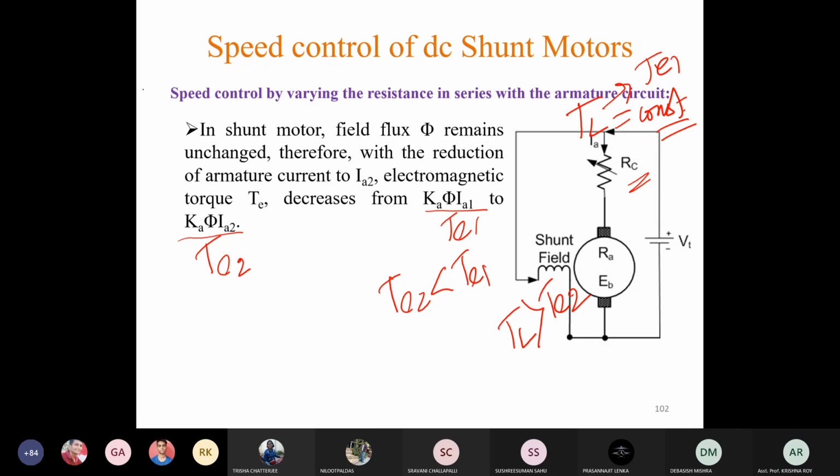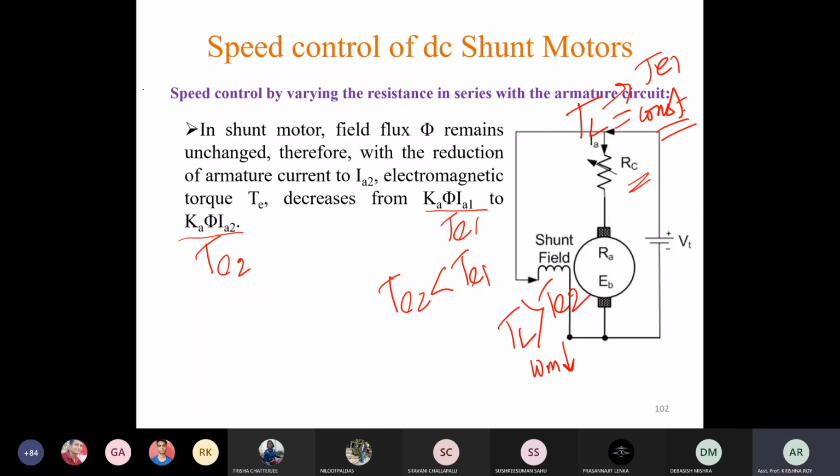What will happen? You fall down. Yes. So here the speed will fall, omega m will reduce, right? Because the motor is not able to generate so much torque, so speed will fall.